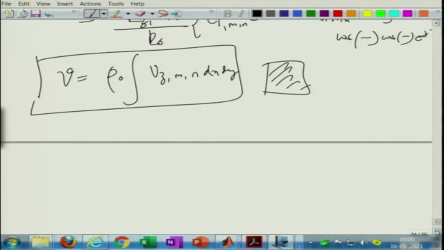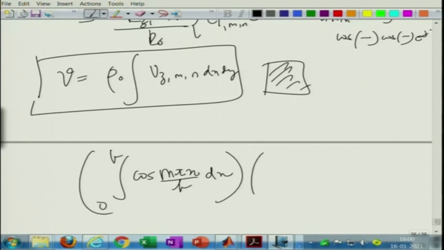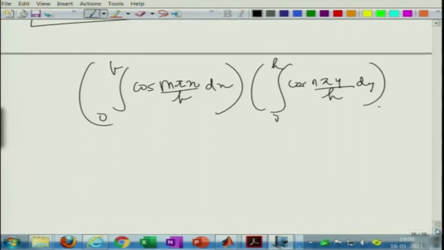Since it is going over the full thing, 0 to b and 0 to h, what we can do is integrate cos of m pi x by b dx from 0 to b, and similarly along y. It is rather trivial to show that these quantities will be 0 when m is not equal to 0 and n is not equal to 0.